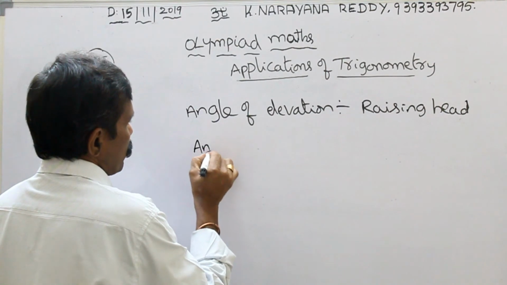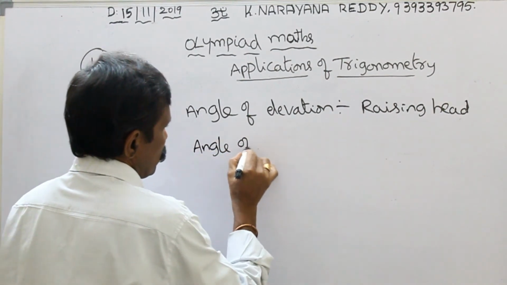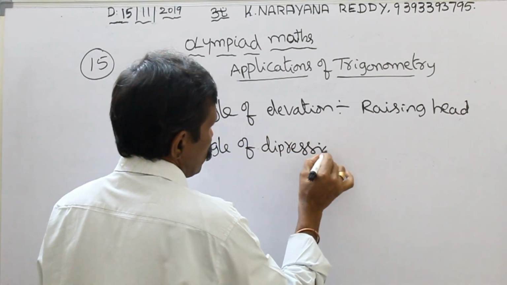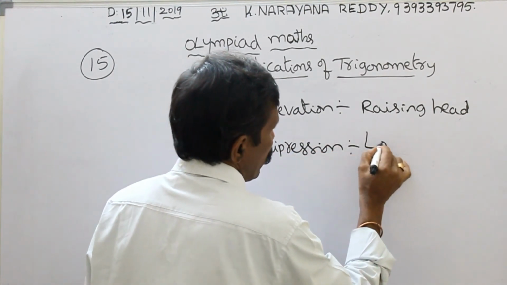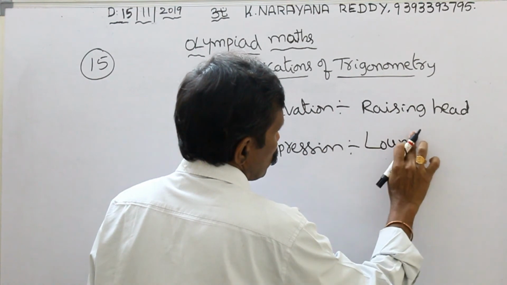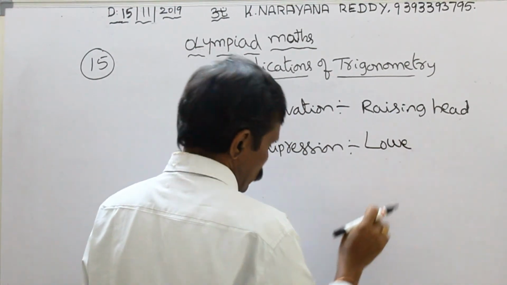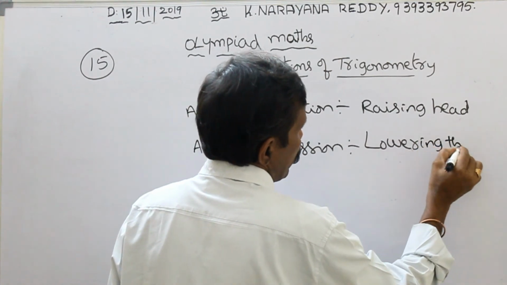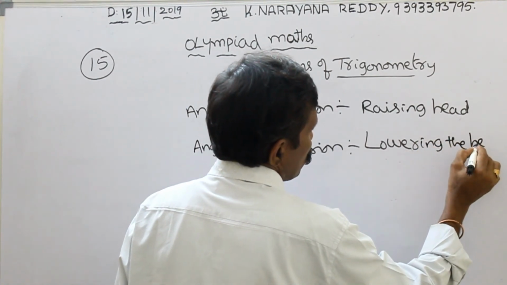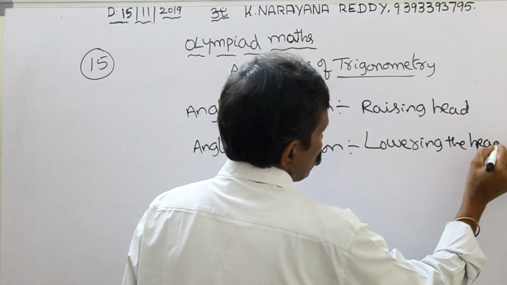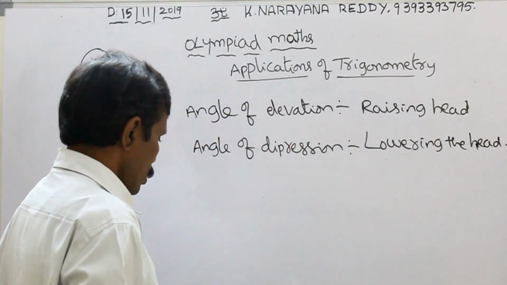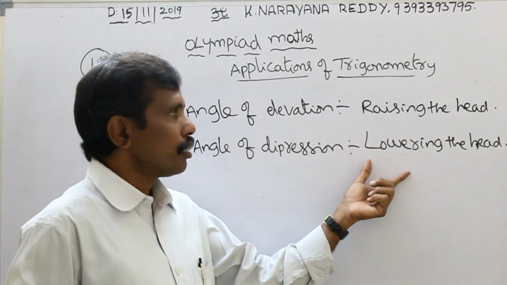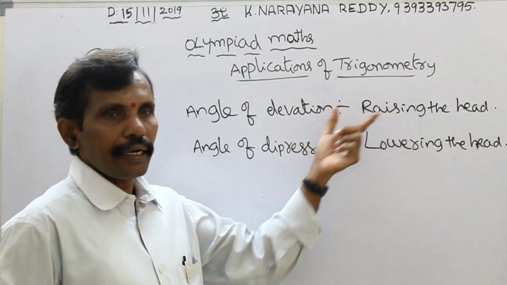Angle of depression is lowering the head. Okay? So, depression is nothing but lowering the head, and elevation is nothing but raising the head.